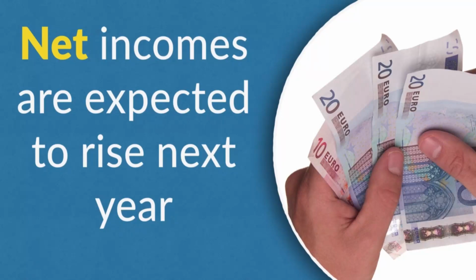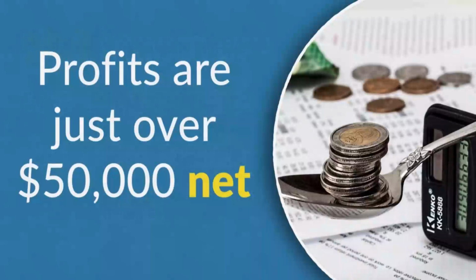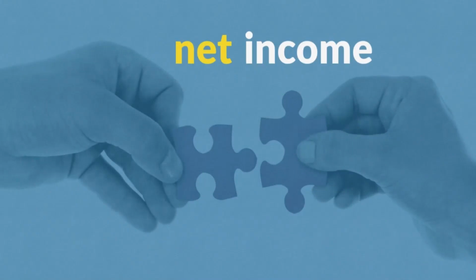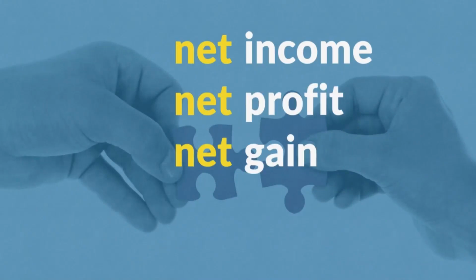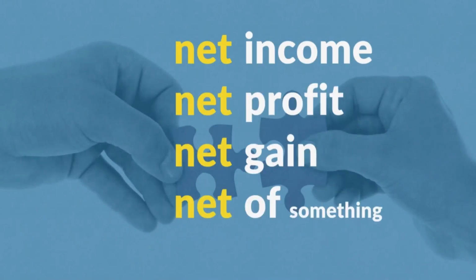So this is how much people earn after they've paid tax. Profits are just over $50,000 net. So here net is being used as an adverb. Talk about net income, net profit, net gain, and net of something.